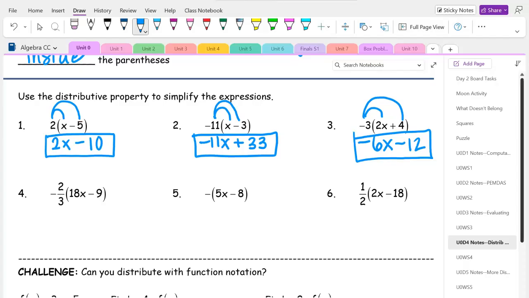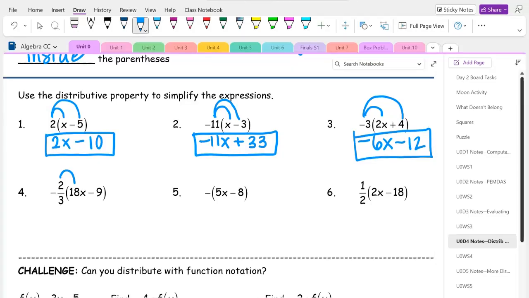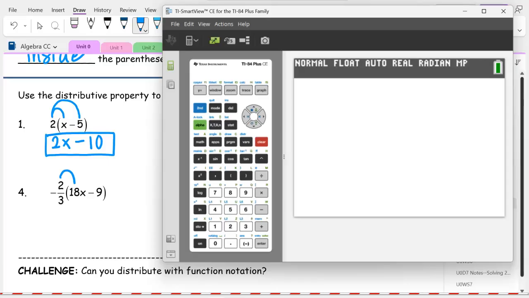All right, so now sometimes you're going to have a fraction. If that's the case, you're definitely going to want to use your calculator. We're doing negative 2/3 times 18. So what we will go ahead and do is use our calculator. Remember, a fraction can just be typed in with division. And we get negative 12.